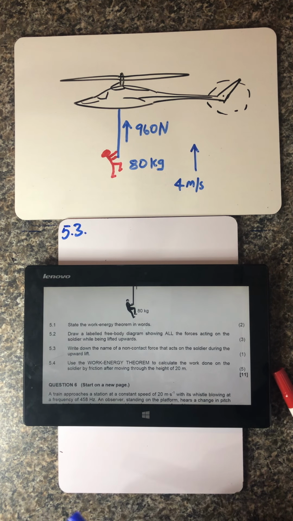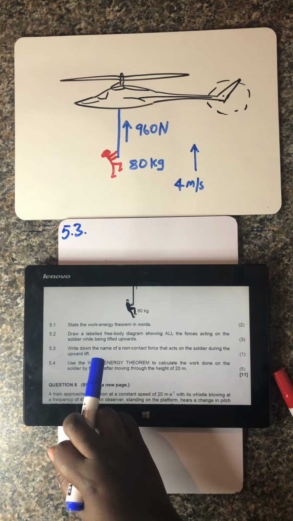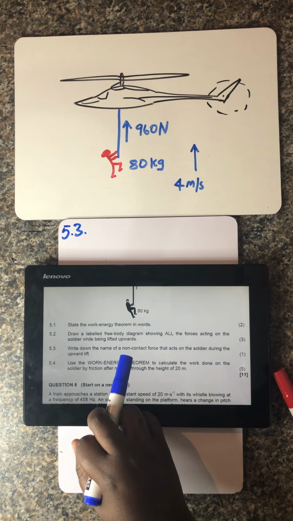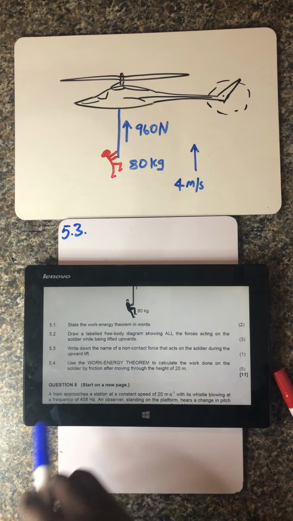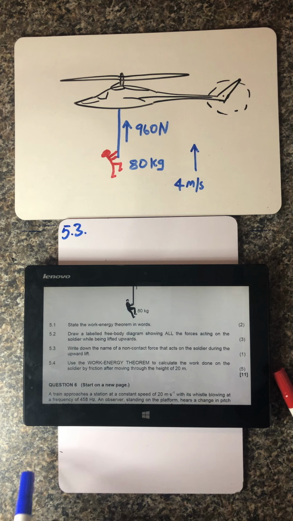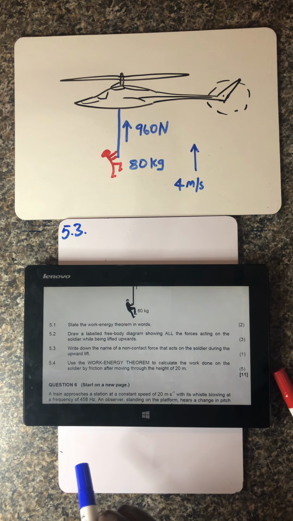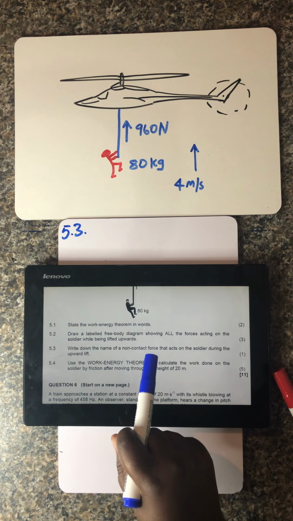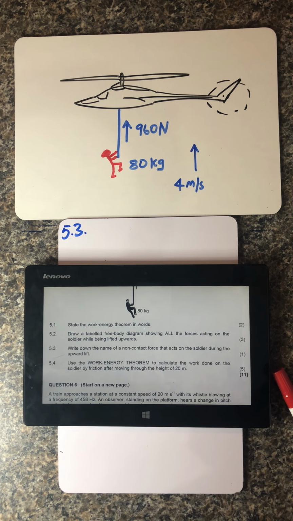Very important that you understand the key word in that question. Write down the name of a non-contact force. Ladies and gentlemen, it's very important that you fully understand exactly what the question wants you to write. So at this stage, we understand they want us to write the force.